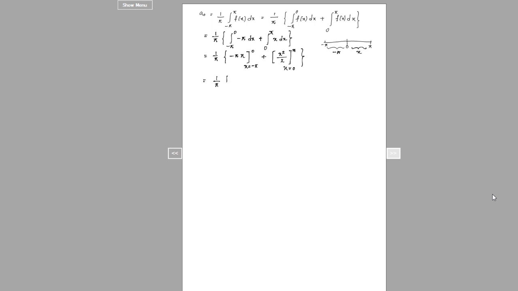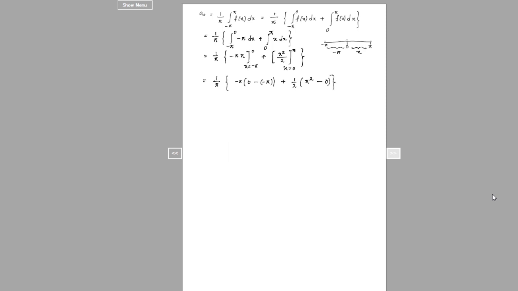1 by pi, minus pi is constant, upper limit x equal to 0, minus of minus lower limit minus pi, minus of minus pi, plus 1 by 2 can be taken outside, apply the upper limit x equal to pi, so it is pi square, minus lower limit x equal to 0, 0 square is 0.